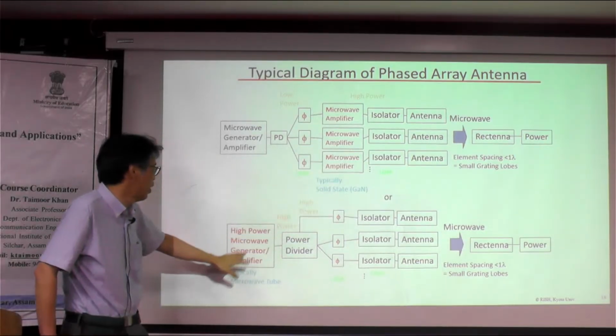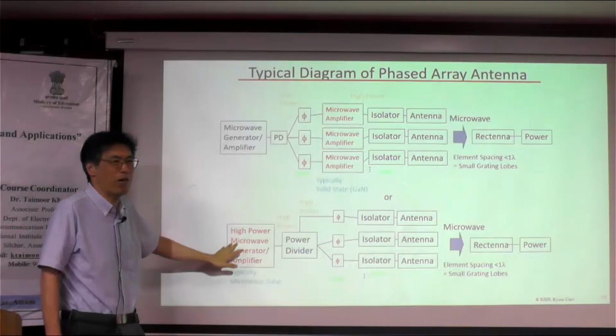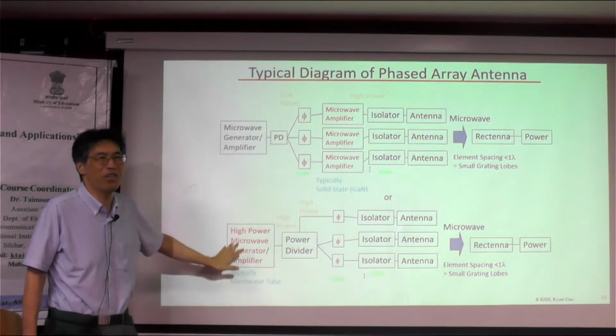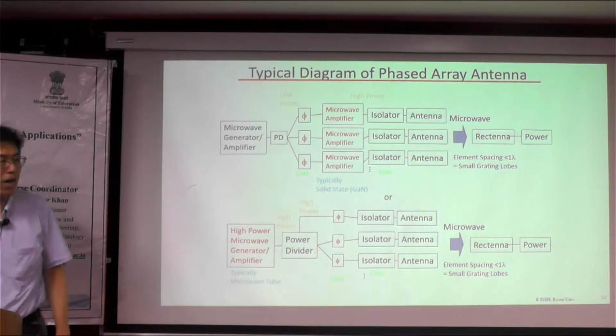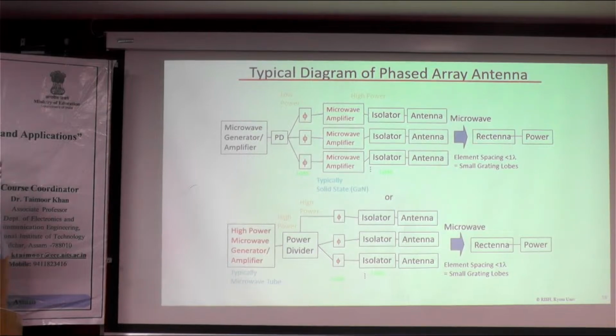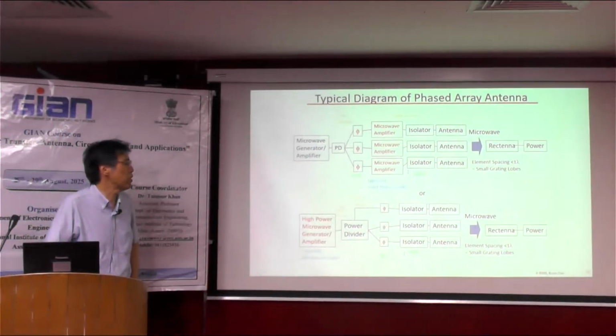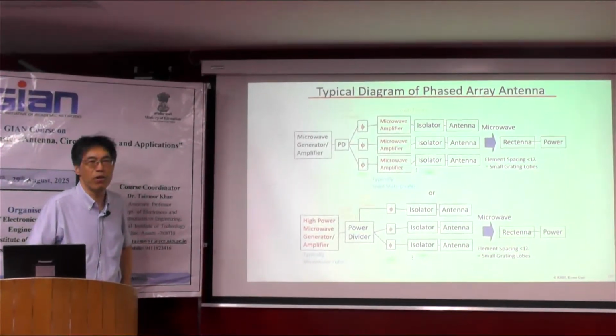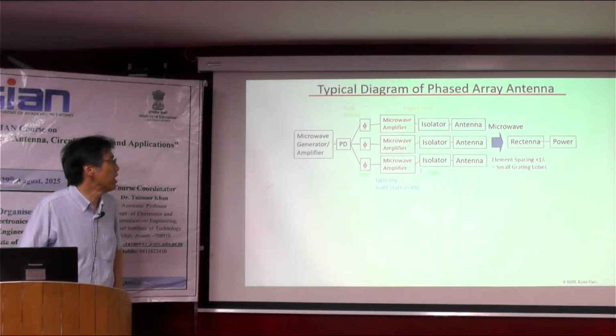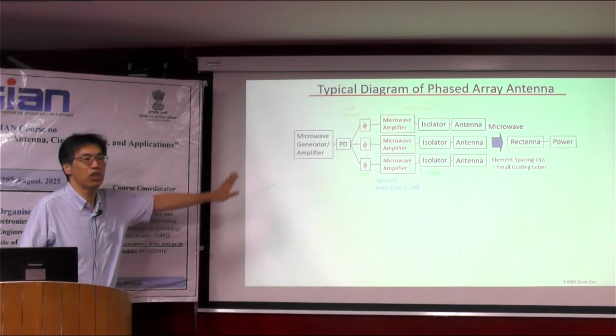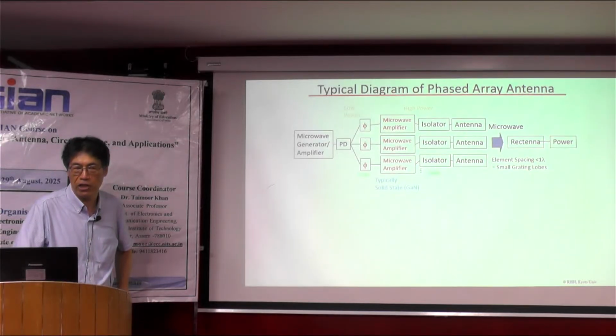But in this case, the high power source is only one. It's very simple. So we can choose in consideration of the loss or accuracy or the other phased array problems. But usually, with the help of semiconductors, we choose the first kind of phased array antenna.